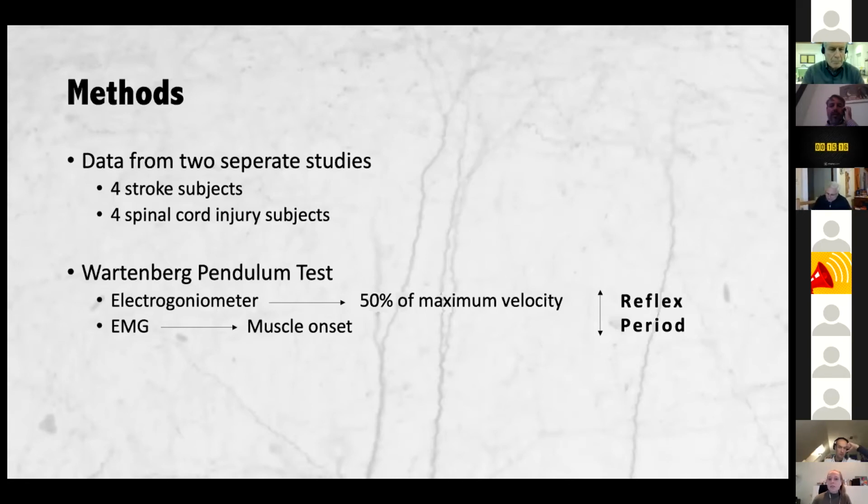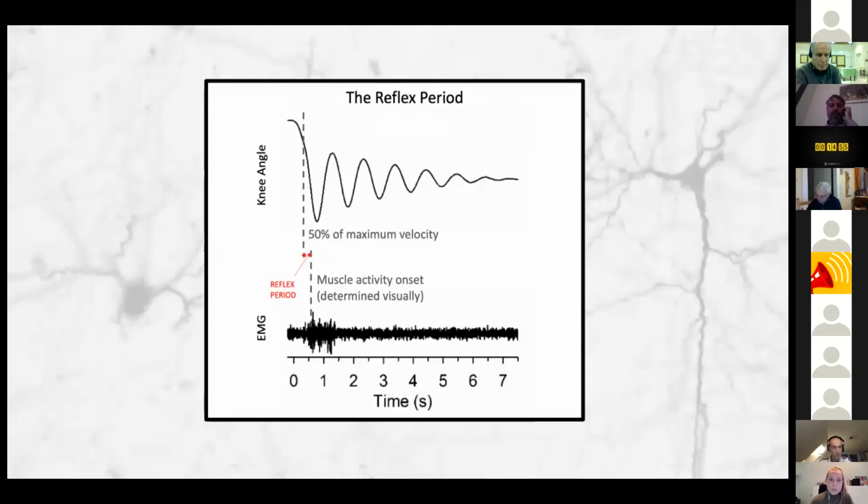So what we did is we performed the pendulum test with a simultaneous EMG recording. And then we found the time where 50% of the maximum velocity of the first excursion of the swing was. And we measured the time until the muscle onset that we could detect from the EMG recordings. If we look at it a bit more visually, we can see it here.